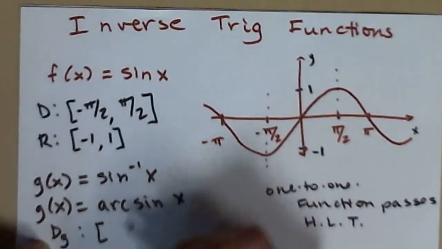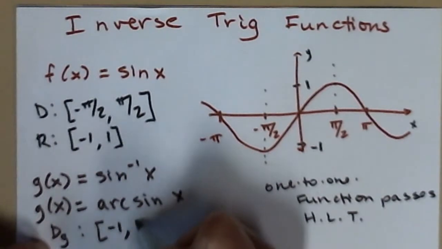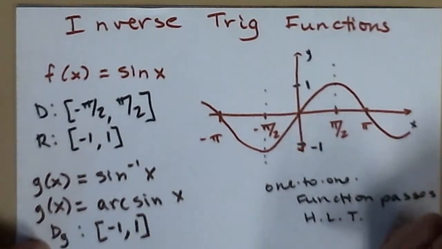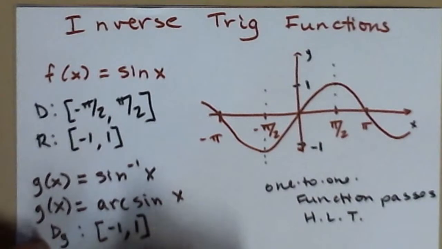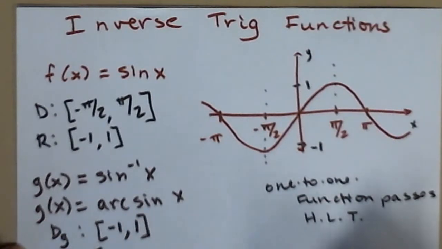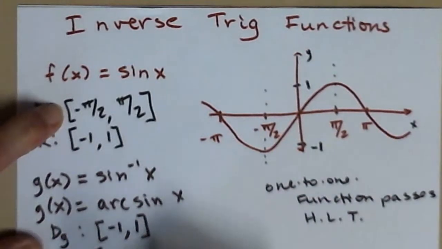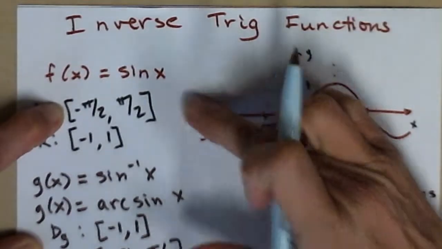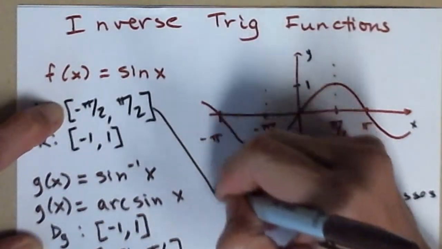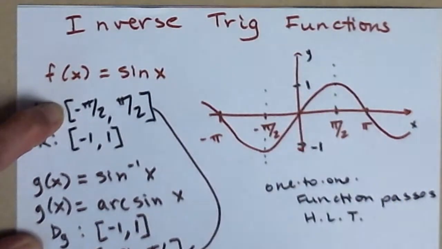So we can take the arc sine of any number between -1 and 1. Here's the important part. But the values that we get out can only be between negative pi halves and pi halves. That's this one-to-one. Here's where this comes into play.